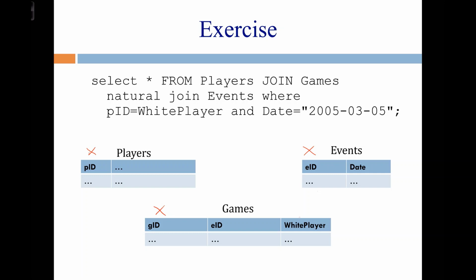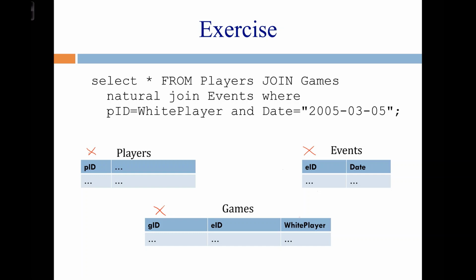Given a game, we can find the event that it took place in, but given an event, we cannot quickly find the game or games that took place at that event, because there is no index on this EID. There is an index on this one, so we can do quick lookups in there.